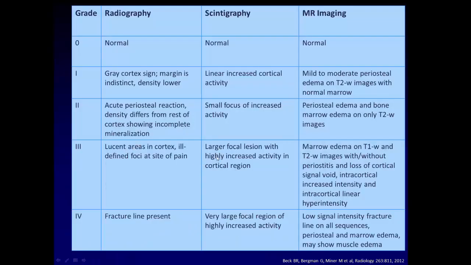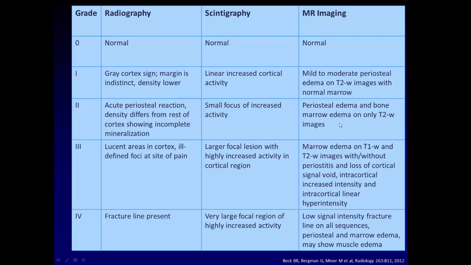So again, let's go through the classification. Again, this is the Beck. You can use this or the Fredrickson. It doesn't really matter. Remember that the first phase of disease is periostitis, leading to a shin split type of appearance. The marrow space remains normal, and radiographs typically don't show very much.